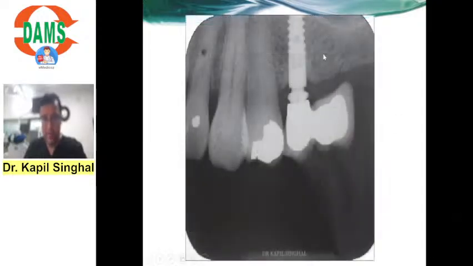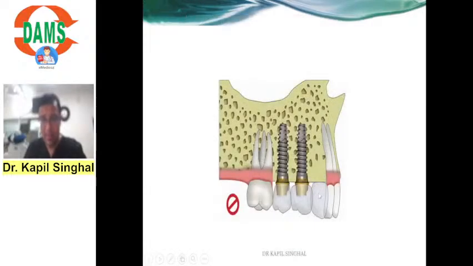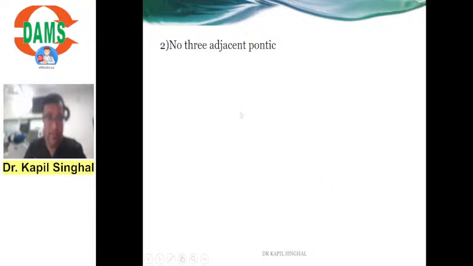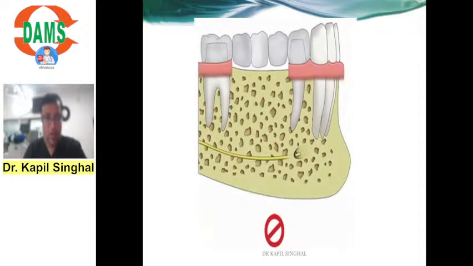Now, no cantilevers. If the sinus is near, you need to do a sinus lift, but you cannot just give a crown hanging over one implant. No cantilevers of any type. The second principle of implants is that no 3 adjacent pontics, between 2 teeth or 2 implants. Generally over 2 teeth also, 3 pontics are not allowed.